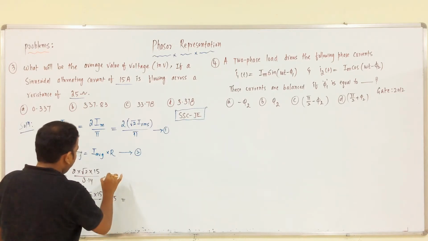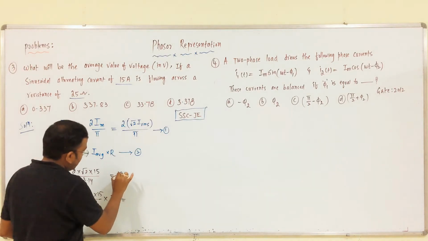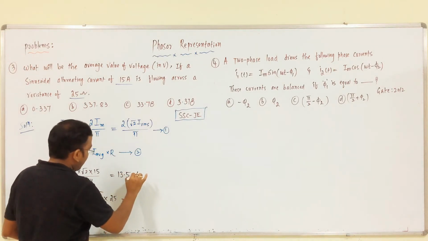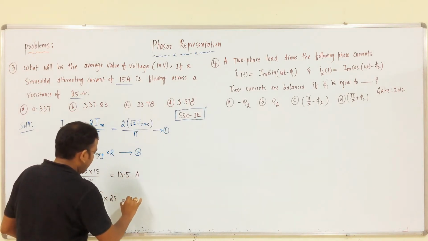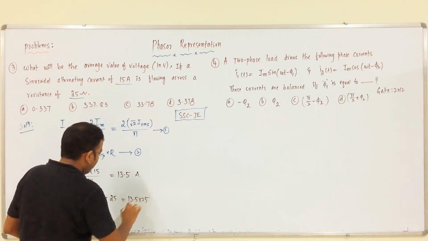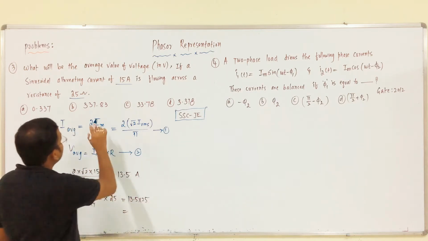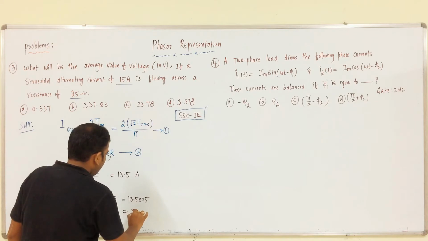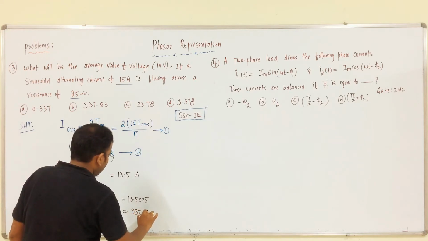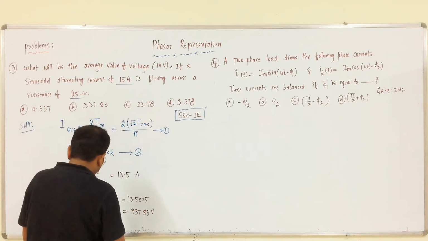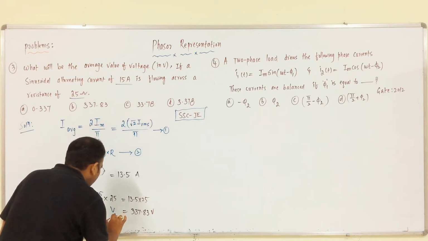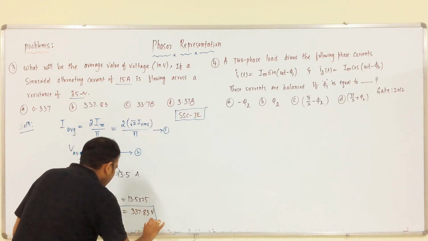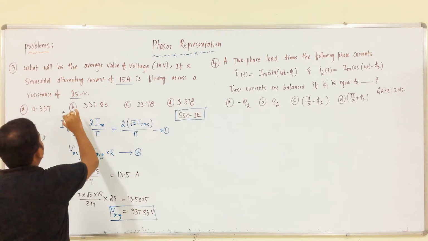We have 13.5 amps, so finally 13.5 into 25, which is nothing but 337.83 volts. We got this value of average. Then the option is B.